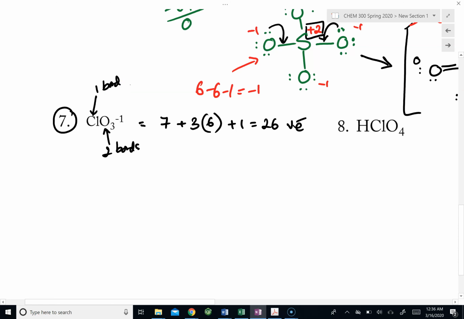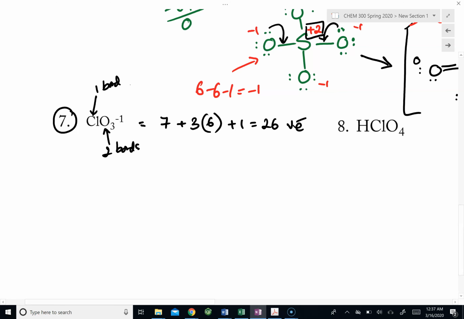But in this case, and this is something important for you to remember, elements below the second row, meaning if they are on the third row and below, can exceed octet. That basically means they can make more than the number of bonds that we would expect from their groups.